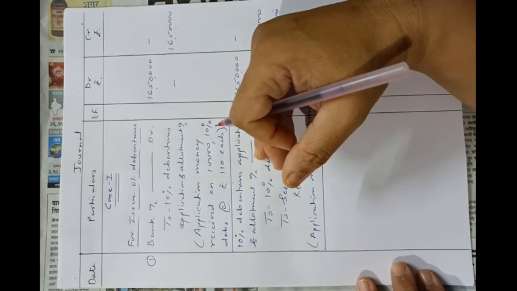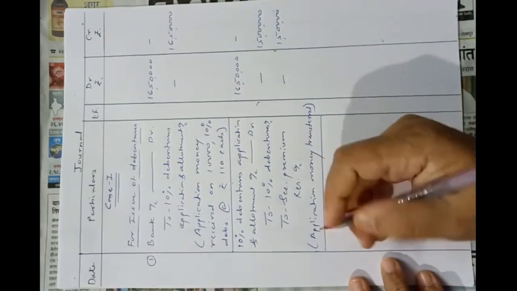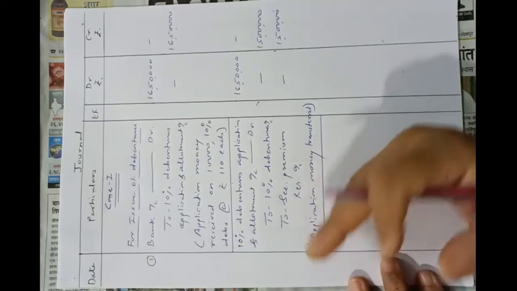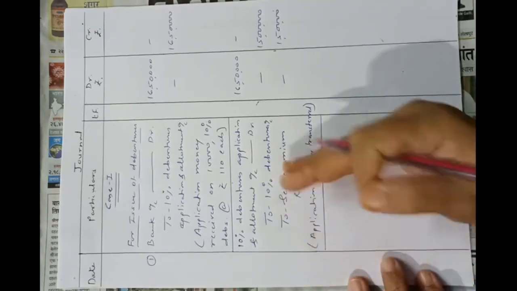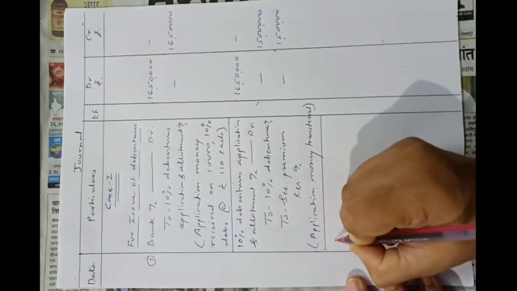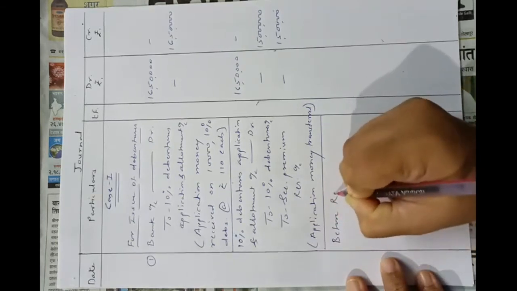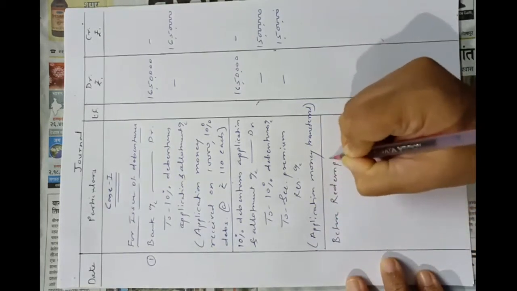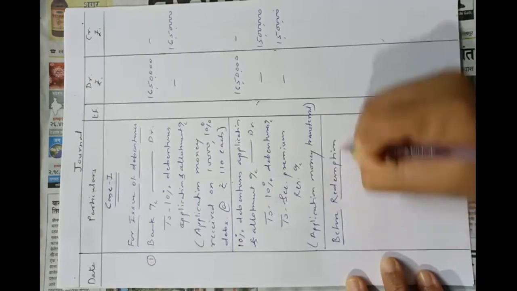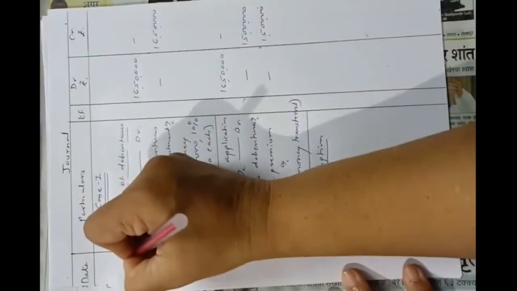Now next entries will be before redemption of debentures for creating DRR, purchasing investment, etc. Now before redemption entries, I am showing these just for your information.